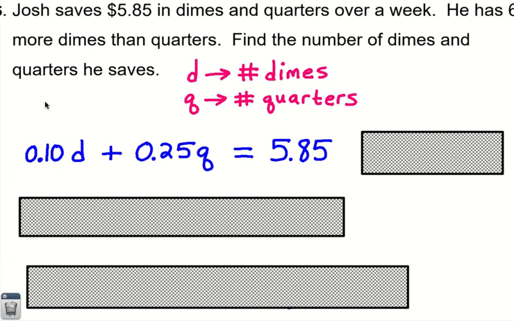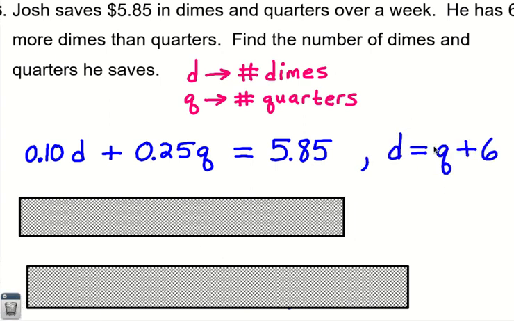And again, as an overall theme, this equation on its own doesn't get us anywhere. One equation that has two different variables, we can't get anywhere with it. So we need this other fact that there are 6 more dimes than there are quarters, so that we can write this other equation.